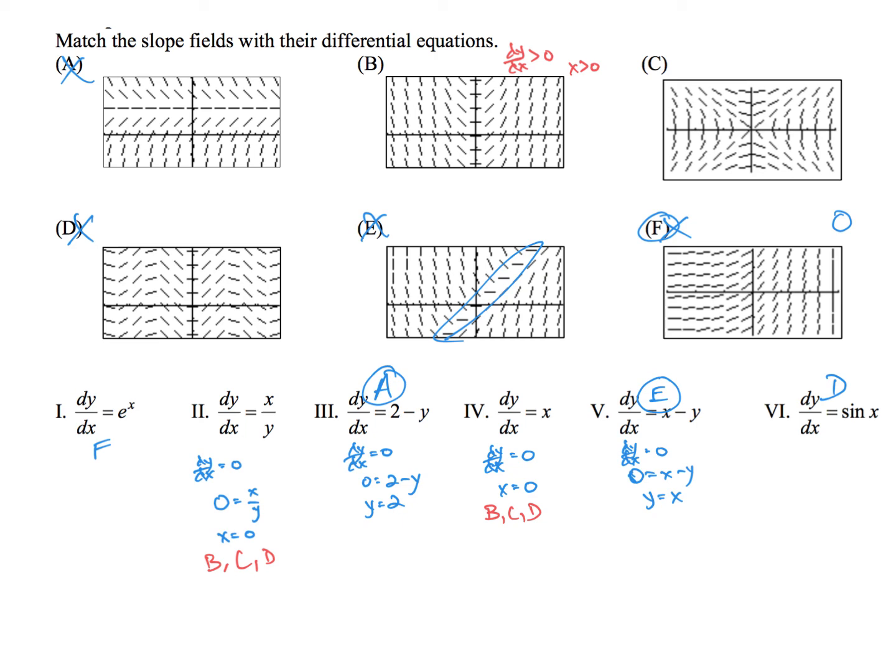So let's look at number 2. dy/dx is x over y in number 2. If I substitute in a positive x value and any y value I want, what do I need to get? I need to get a positive, right? Can I do that on number 2? No, because I substitute in a positive x, but what could y be?